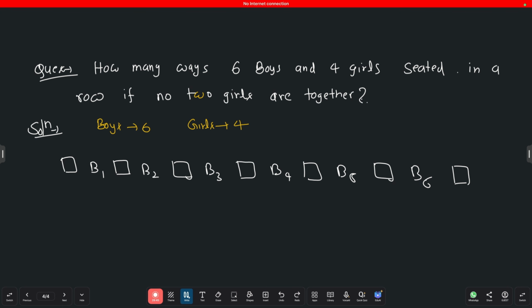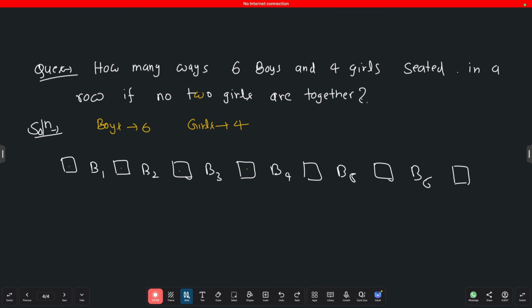Now if any girls sit in these places, they will never be together, because only these places are vacant. But there are 4 girls and 7 places.